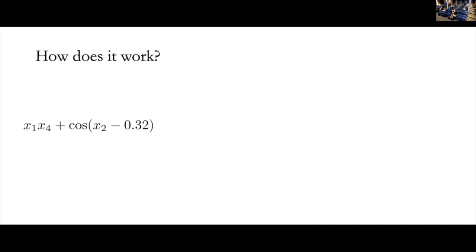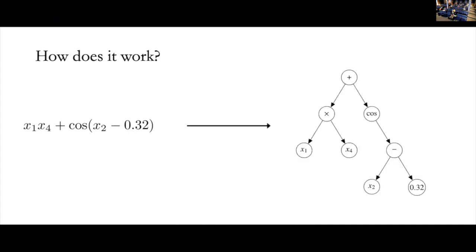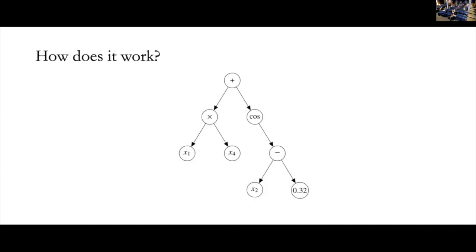The way genetic algorithm symbolic regression works is I take my equation and represent it like a tree. This is a binary tree that represents this equation. Once I have this form, I apply different genetic operators. So maybe I evaluate the equation, and then I randomly apply a genetic operator. I change the multiplication into a division.